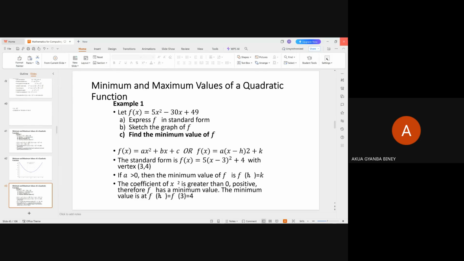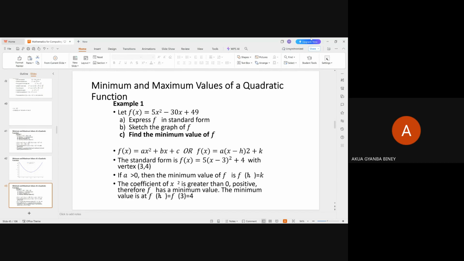So our h is 3, isn't it? Let's put 3 into this function. You have 5 times 3 squared minus 30 times 3 plus 49.